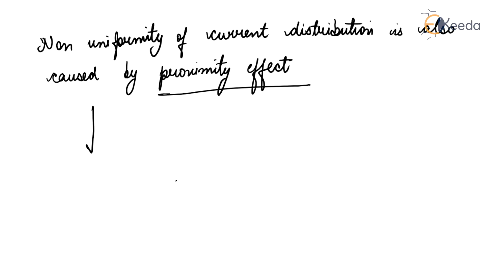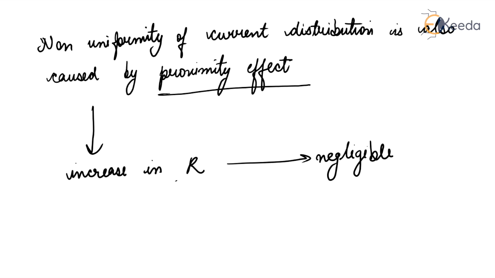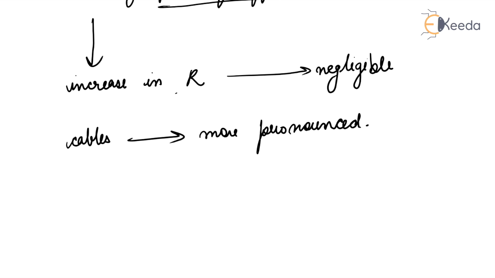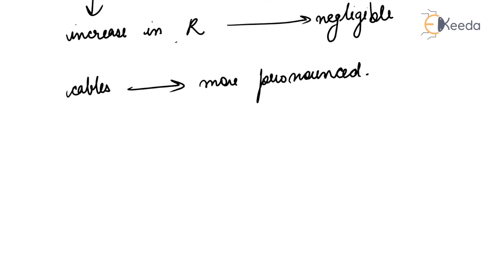It is caused due to increase in resistance, though it is negligible for normal spacing of overhead lines. For cables which are close, this effect is more pronounced. So we are not supposed to ignore this proximity effect when we consider cables.